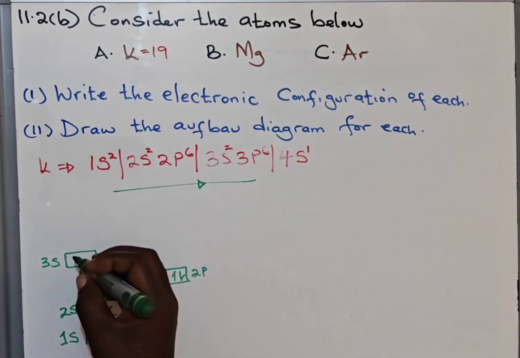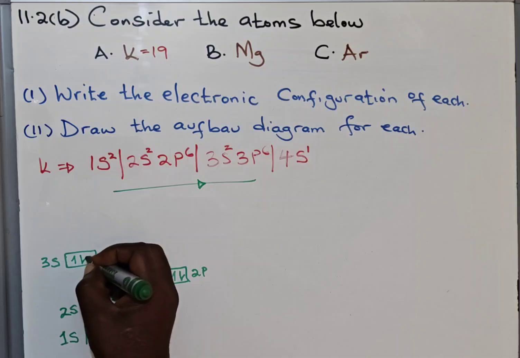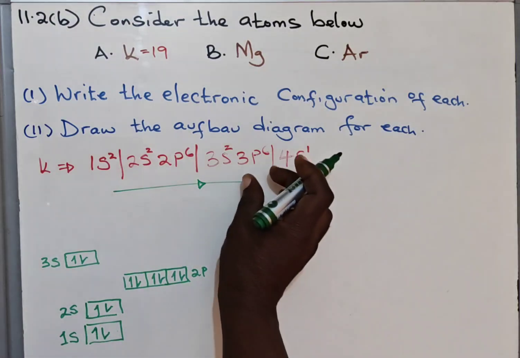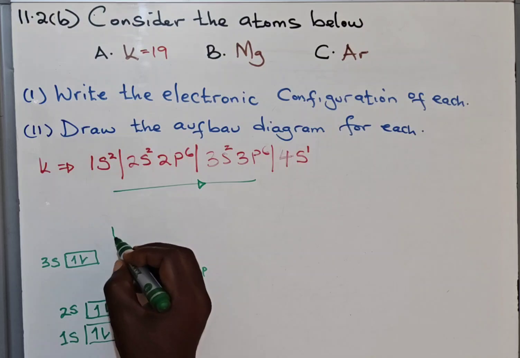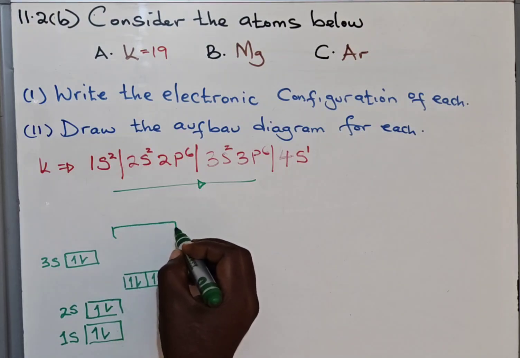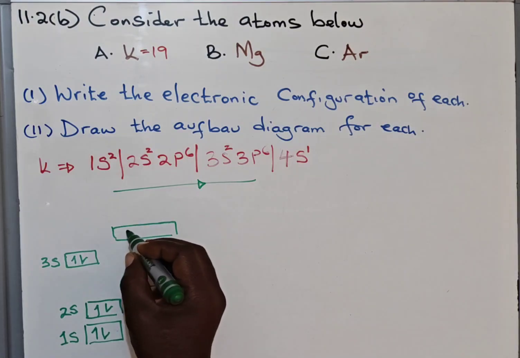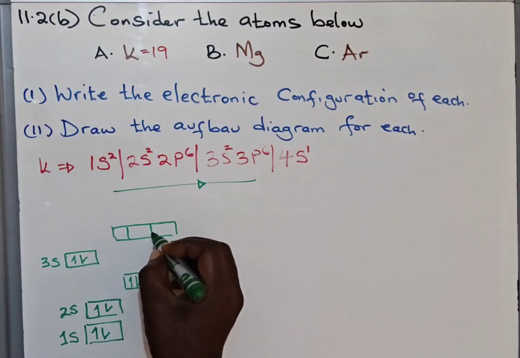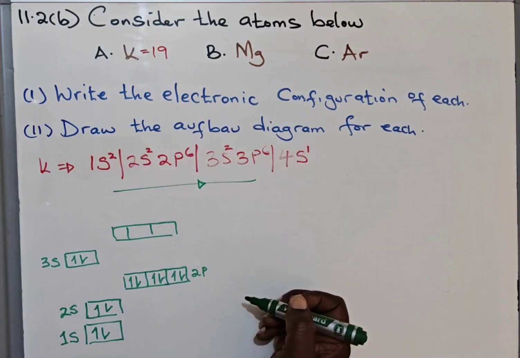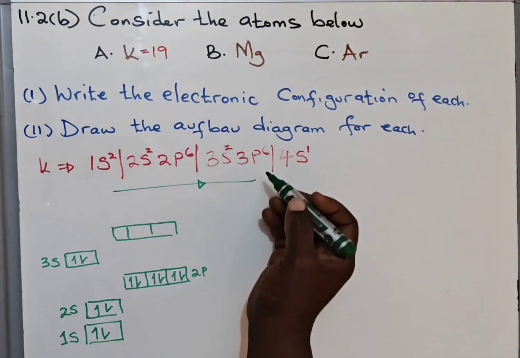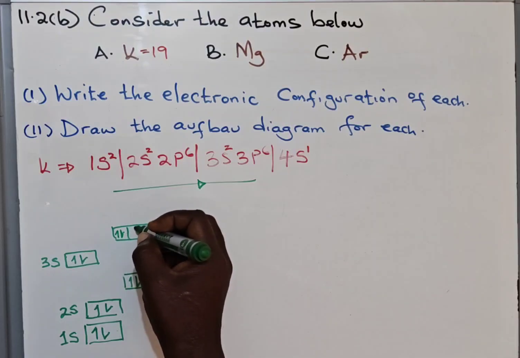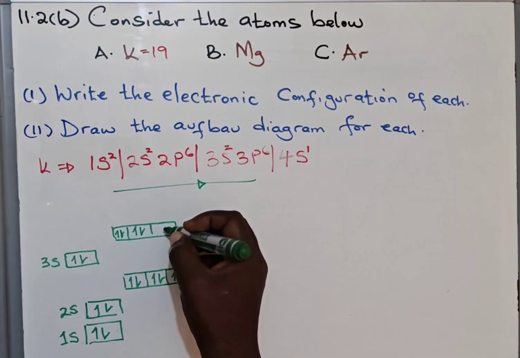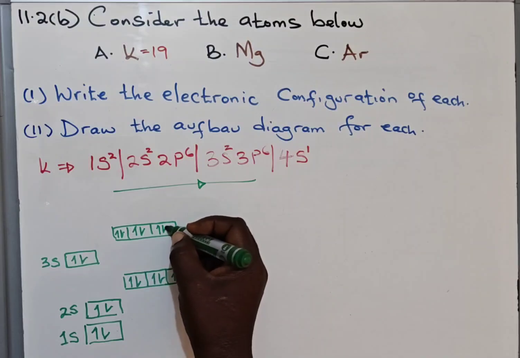It takes up 2. Then we go to 3p, which is at a higher energy level compared to 3s. It has 3 sub-orbitals and is full: 1, 2, 3, 4, 5, 6.